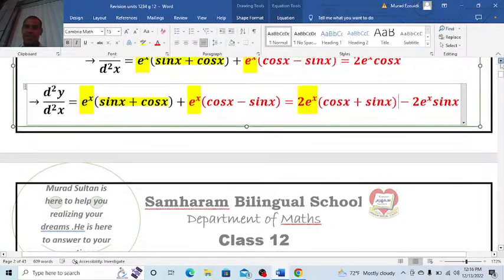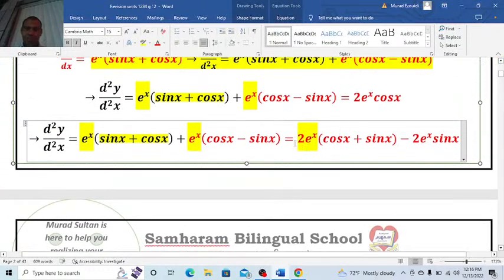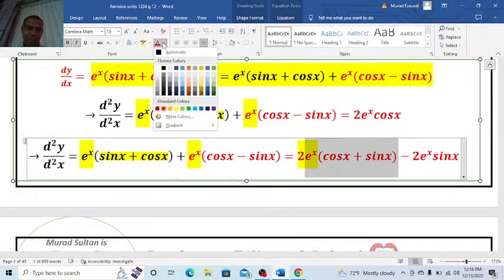Therefore, my learners, you can see that this is 2 times exponential of x cosine x plus sine x, which is dy with respect to x. I will change the color to blue so you can see this.